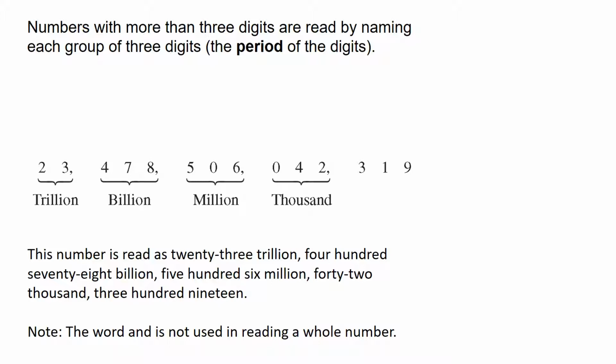Each time we get past a 3-digit number, we go up, and then we'll have a new period. It's what that group is called. So that is our thousand. Then we have million. Then we have billion. Then we have trillion, and so forth.